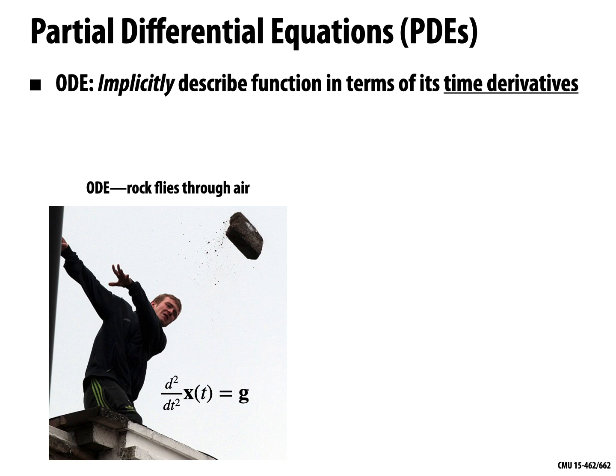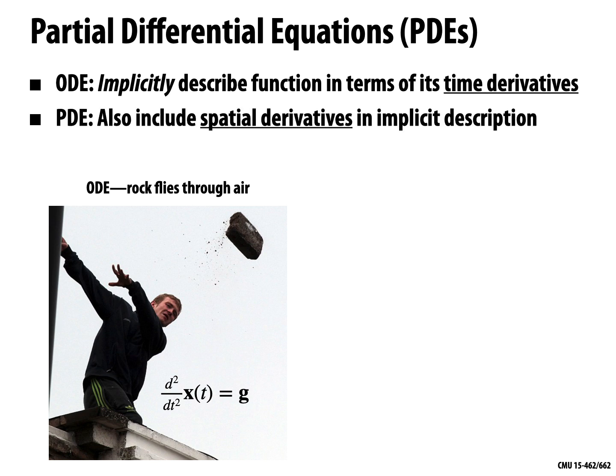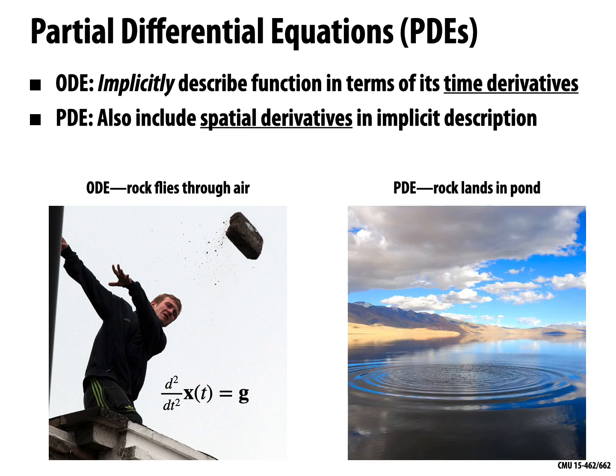We've just given a relationship that has to be satisfied in order for this to be a valid trajectory, right? Okay, likewise, a partial differential equation is going to be an implicit description of some phenomenon, but now involving both time derivatives and spatial derivatives. So you can imagine this rock flies through the air and it lands in a pond, and now some ripples spread out from this pond.